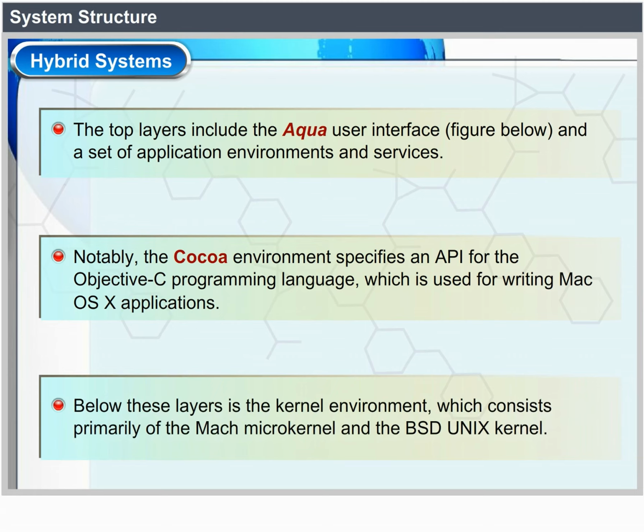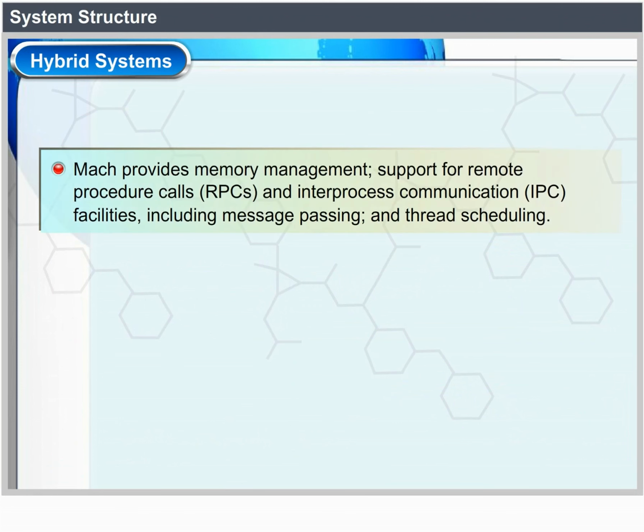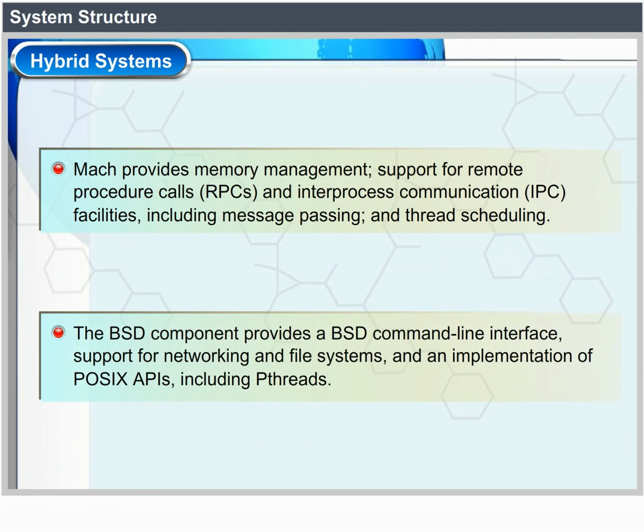Mach provides memory management, support for remote procedure calls (RPCs), and interprocess communication (IPC) facilities, including message passing and thread scheduling. The BSD component provides a BSD command line interface, support for networking and file systems, and an implementation of POSIX APIs, including pthreads.